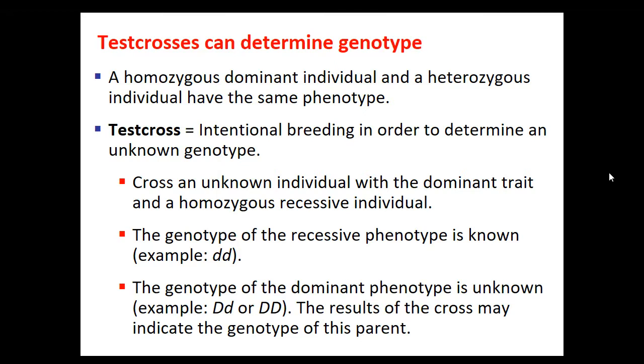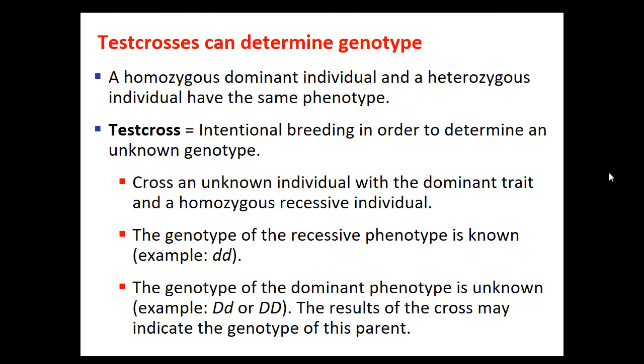So if we had a person with brown eyes, we know that that person is either big B, big B or big B, little b, and we want to know. Let's just say this person's genotype is big B, blank. We don't know what the other allele is, right?